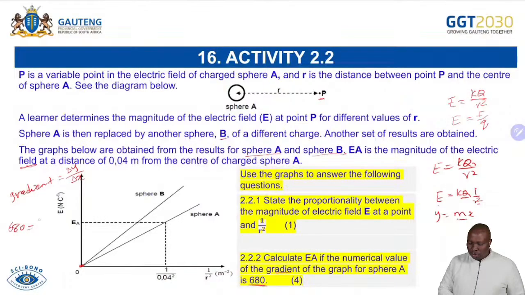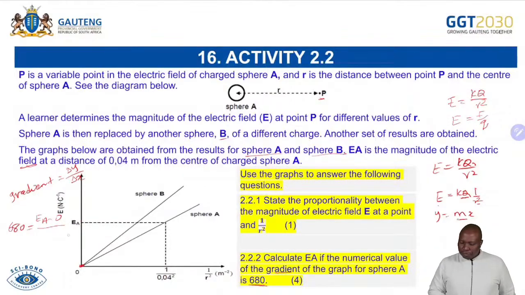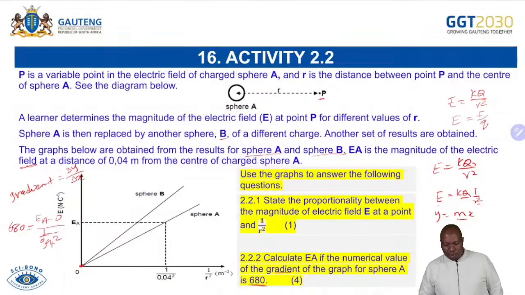On the y-axis, you have EA. So it's just EA, which is the final EA minus the initial, that was 0, divided by, on your x-axis, you had 1 over 0,04 squared. So you are able to just substitute minus 0 as well, so it doesn't make a difference.